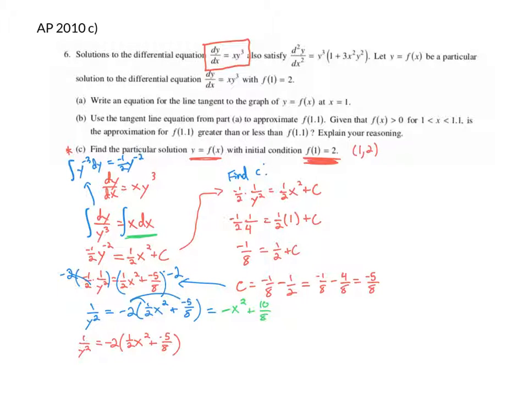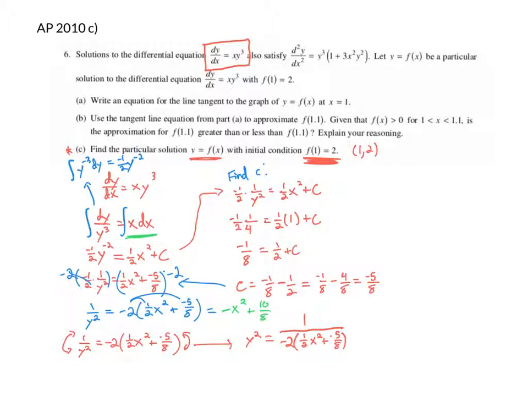And then in order to solve for y, what I can do is just reciprocate both sides. Really, I'm going to just flip both sides over. And I would end up with y squared over 1, or just y squared, equals 1 over negative 2 times 1/2 x squared plus negative 5/8.